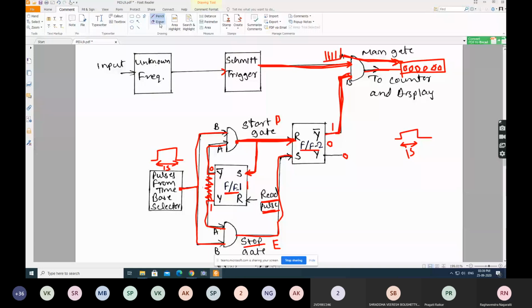Flip-flop 2 becomes 1, making Y 1 and Y bar 0. So now it will display.